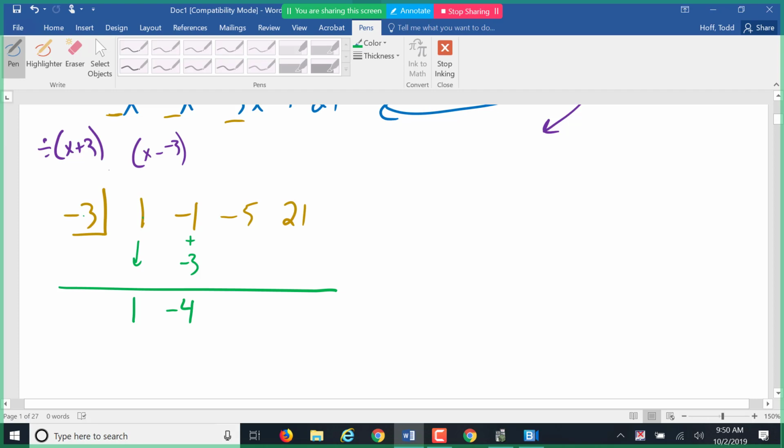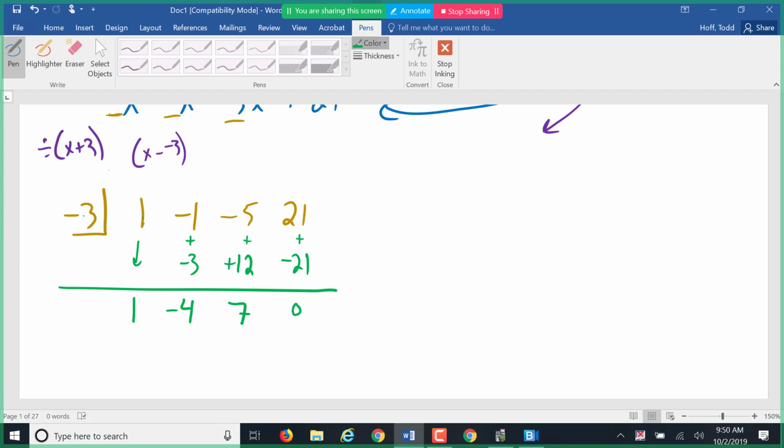Negative 4 times negative 3 is a positive 12. Negative 5 plus positive 12 is positive 7. 7 times negative 3 is a negative 21. 21 plus negative 21 is 0.